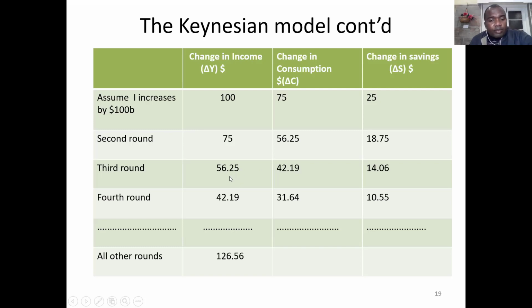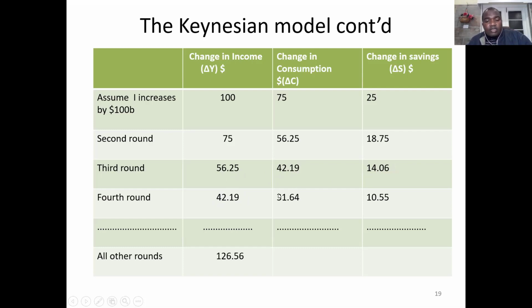And then we have 56.25 contributing to the third round. Its 3/4 being 42.19, and 1/4 being 14.06. And then the 42.19 of the third round becomes input to the fourth round as a change in national income.